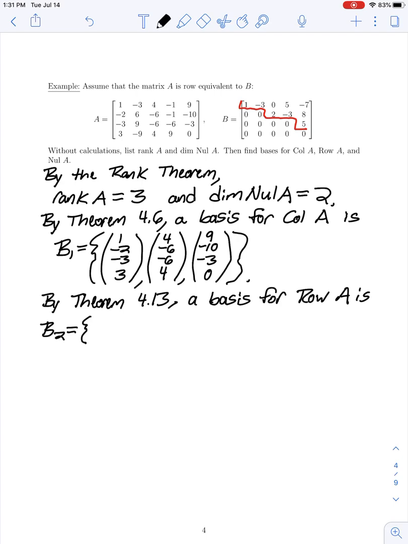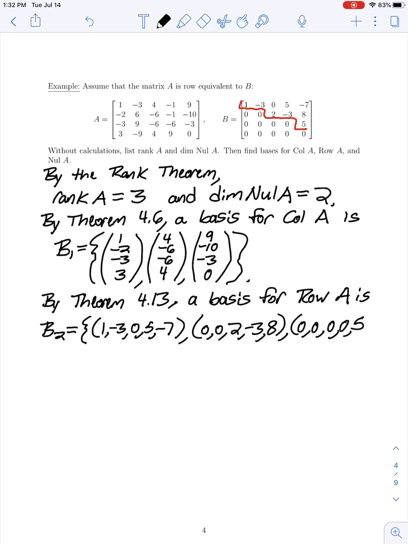Let's call that set B2. We can see that our first three rows of the matrix B are non-zero rows, so they will form our basis. In this case, the vectors (1, -3, 0, 5, -7), (0, 0, 2, -3, 8), and (0, 0, 0, 0, 5).